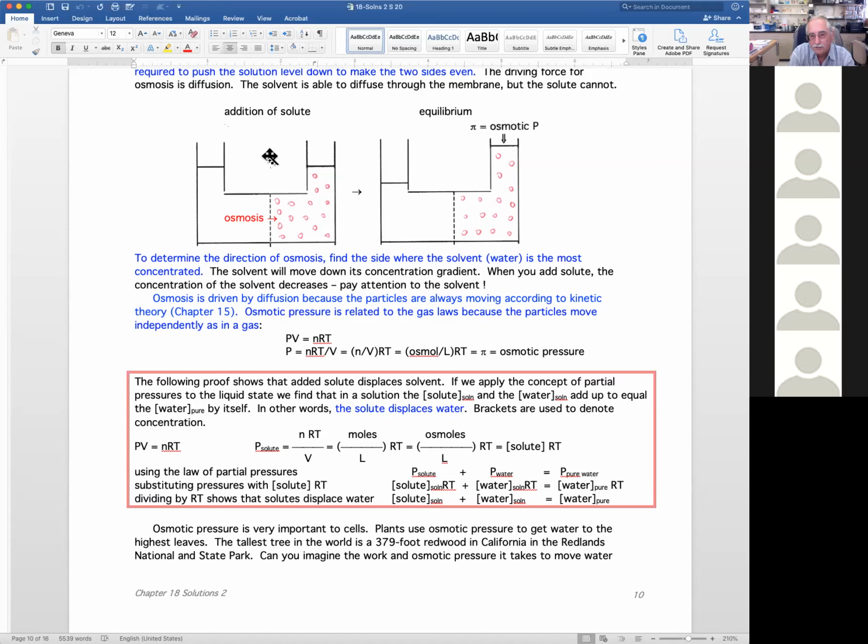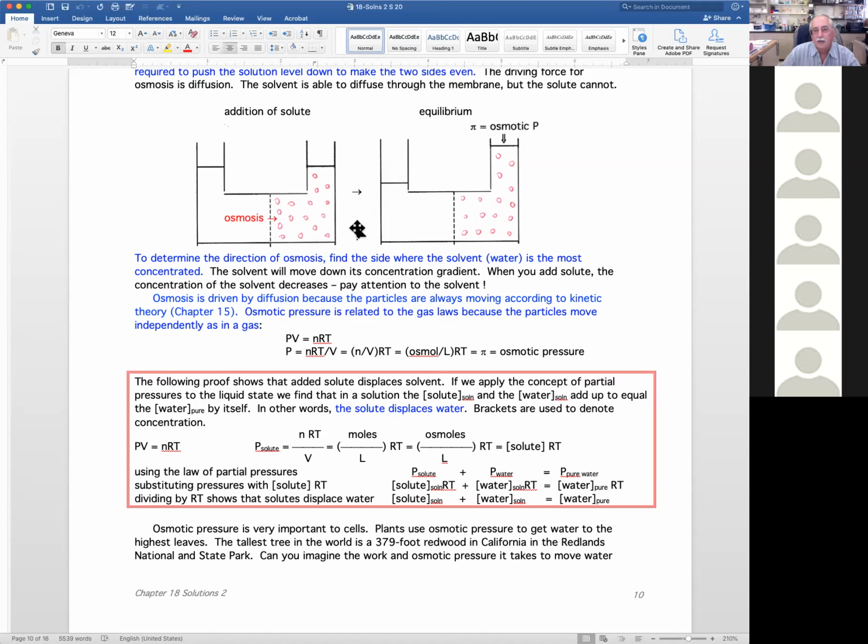Now, where is the solvent the most concentrated? When I put this solute in here, I displaced solvent molecules. So I'm telling you that the concentration of solvent is higher over here than it is over here.